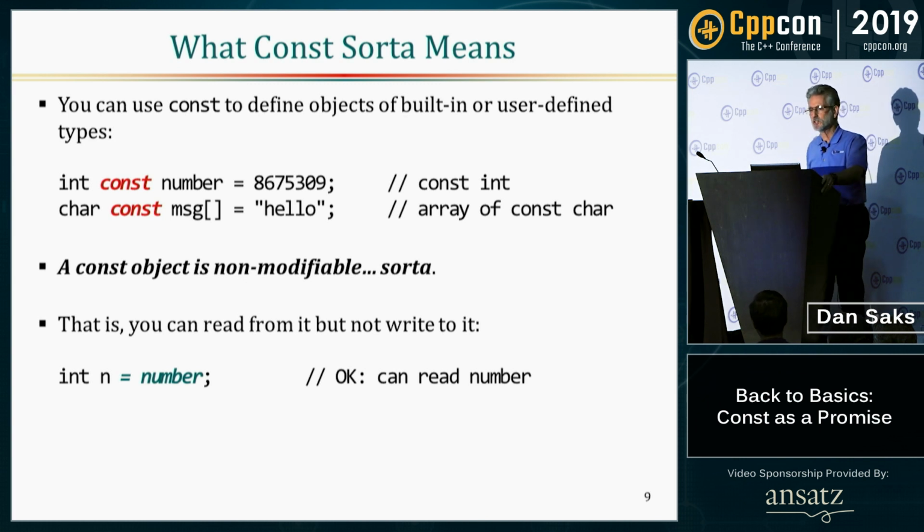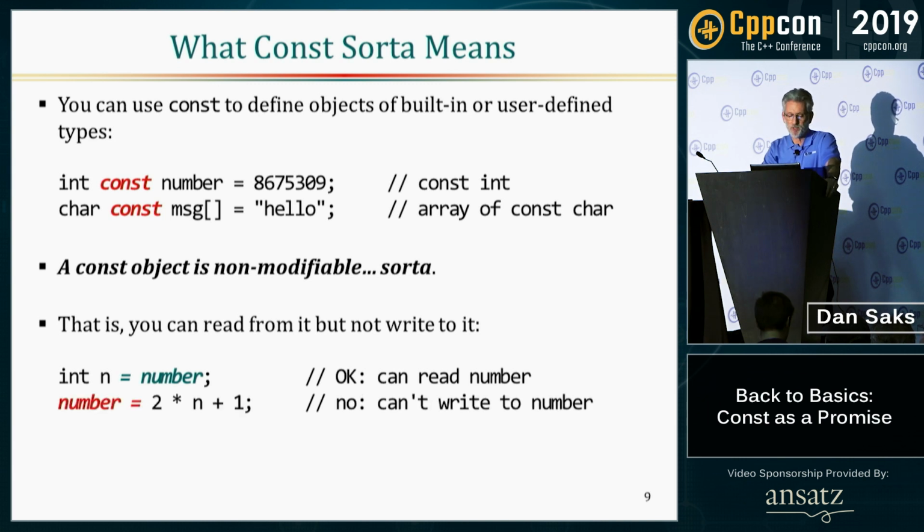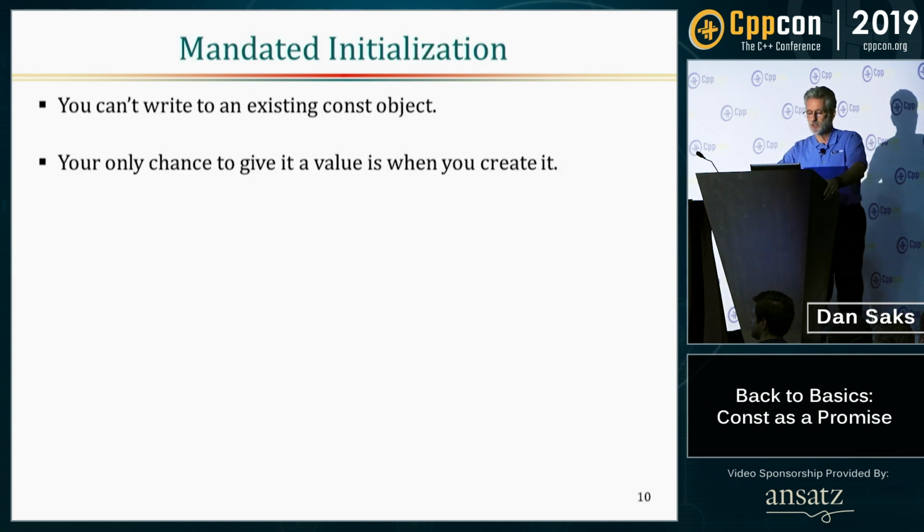But a good first order approximation is to say that a const object is something that you can read from but not write to. So there you can read, number is a constant integer, you can read from it but you can't write to it. Message is an array of constant characters, you can read from the individual elements but you can't write to them. Most of you know that, so let's just go on.